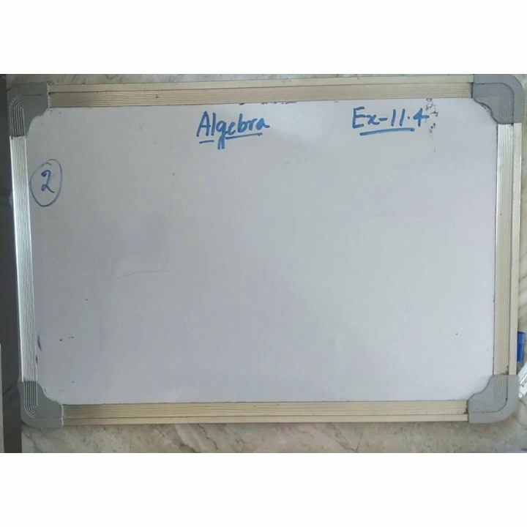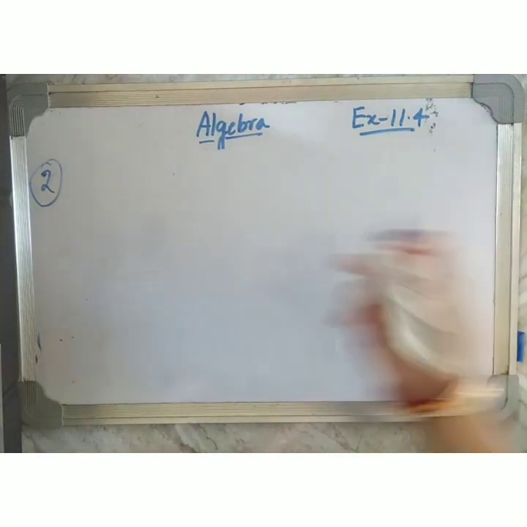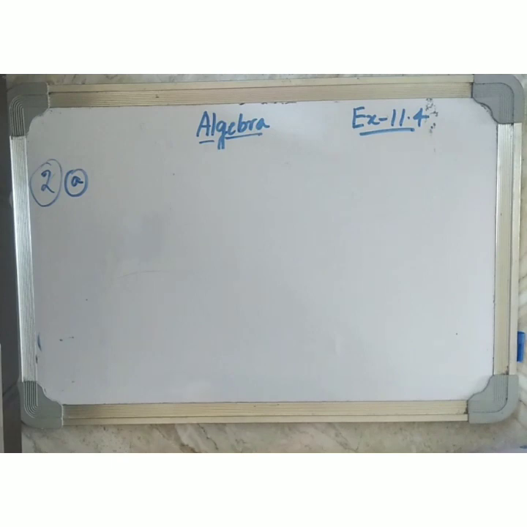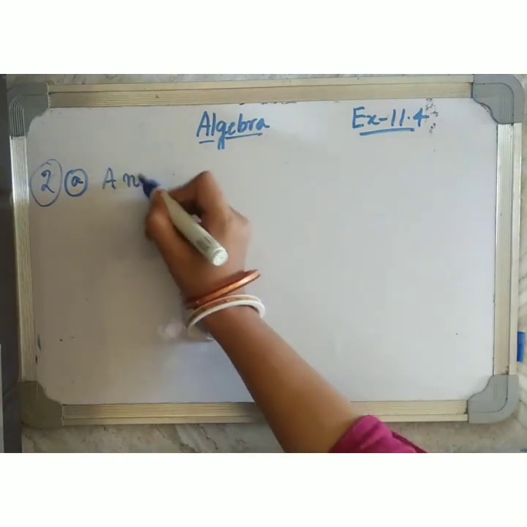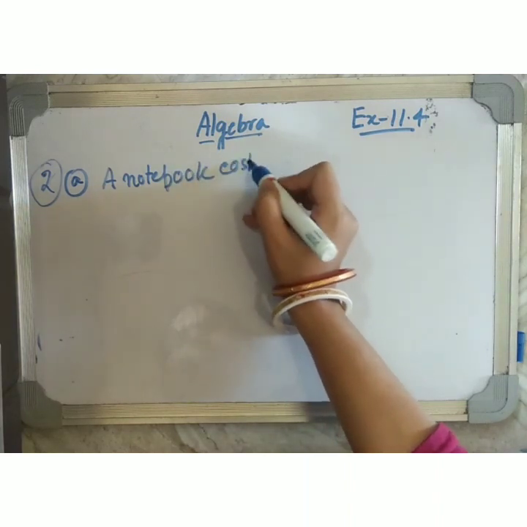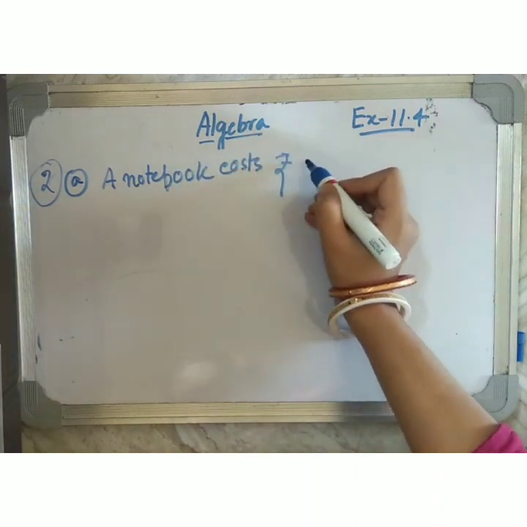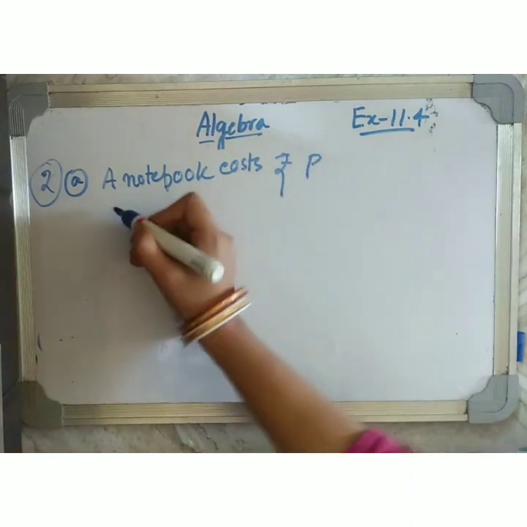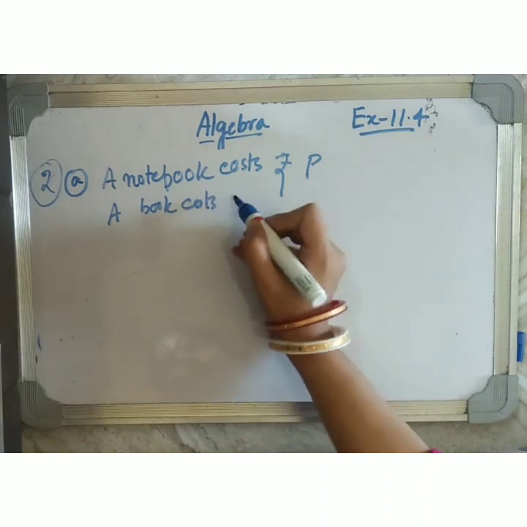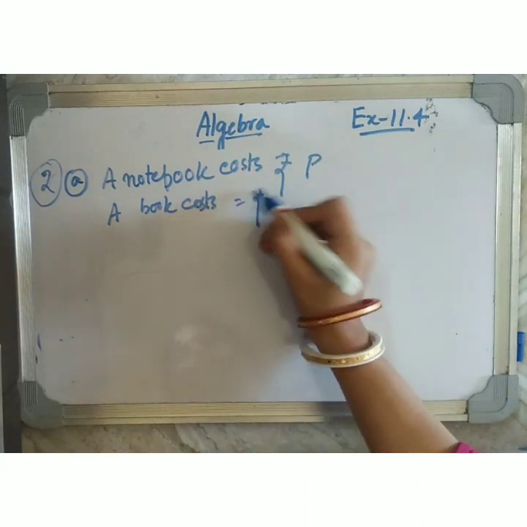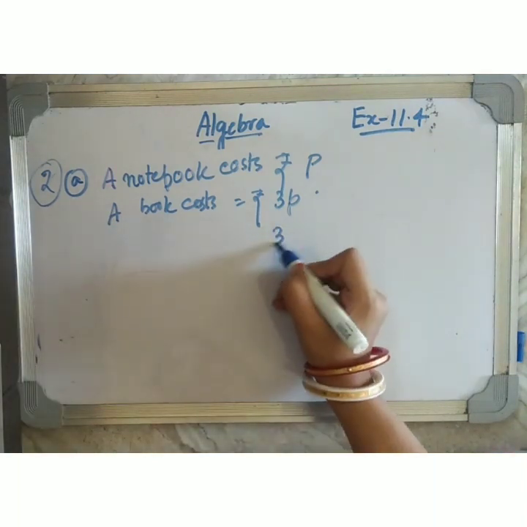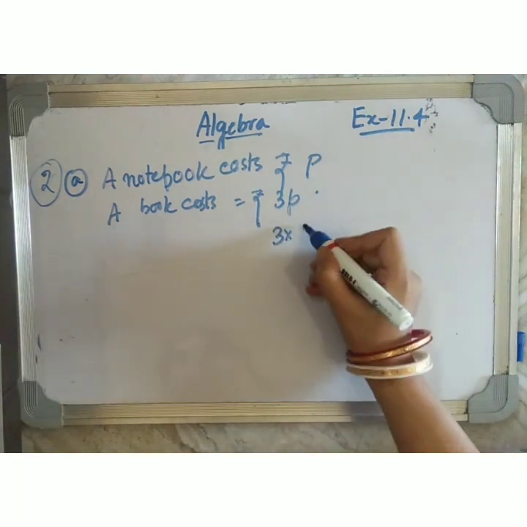Okay. Now in the question it is written for the first one: a notebook costs rupees P. A book costs rupees 3p. 3p means 3 into p, means 3 into the price of one notebook.